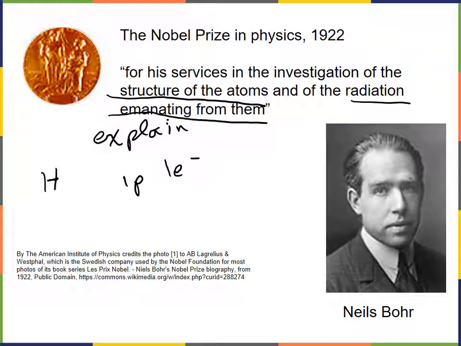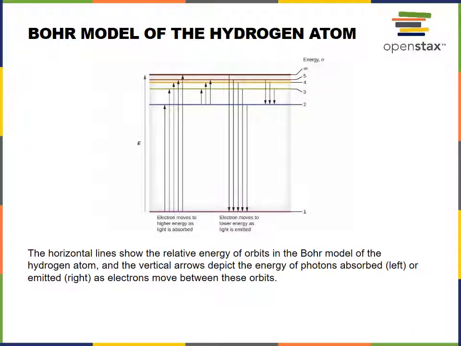And here's what he said. He said that we have a nucleus, and that is our proton, and that around the nucleus, the electron can exist in orbits, orbiting like a planet around the sun. So this would be the first orbit, and the second and the third.